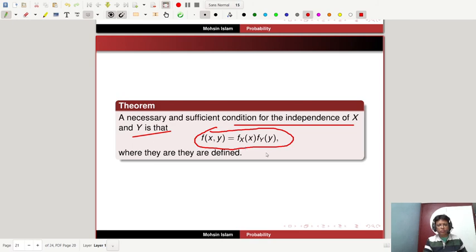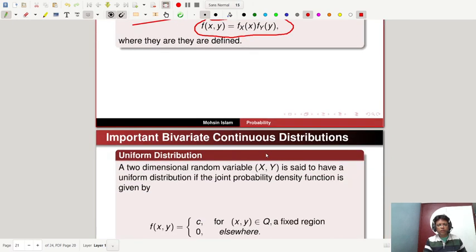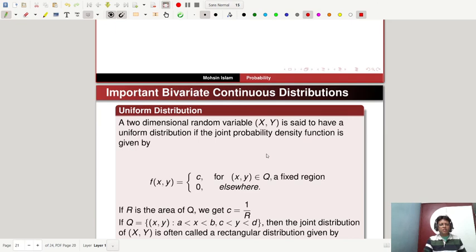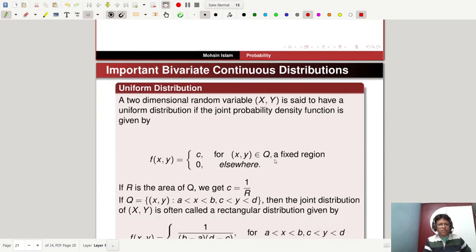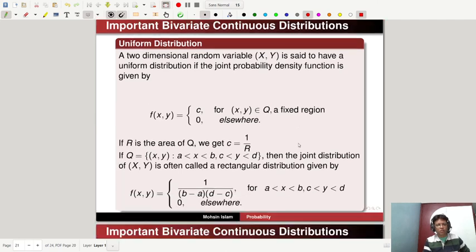Now let us give some examples of important bivariate continuous distributions. You know that the uniform distribution is there. A two-dimensional random variable is said to have a uniform distribution if the joint PDF is given by f(x,y) equal to c for (x,y) belonging to Q, a fixed region, and 0 elsewhere.